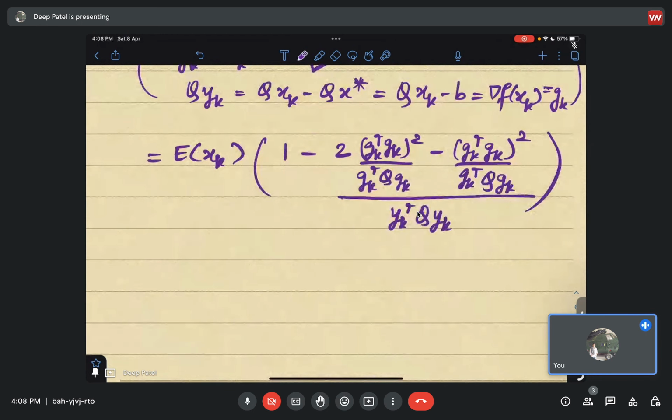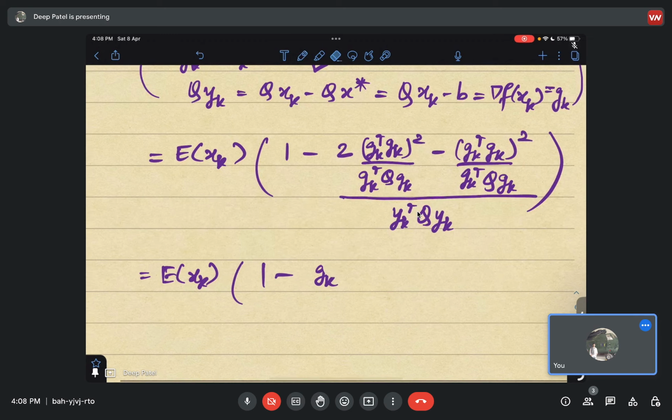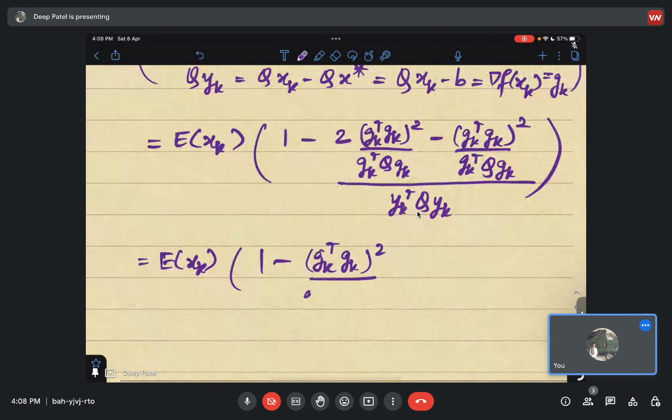So basically, what we have gotten is error times 1 minus gk transpose gk whole squared, and gk transpose q gk, yk transpose q yk.